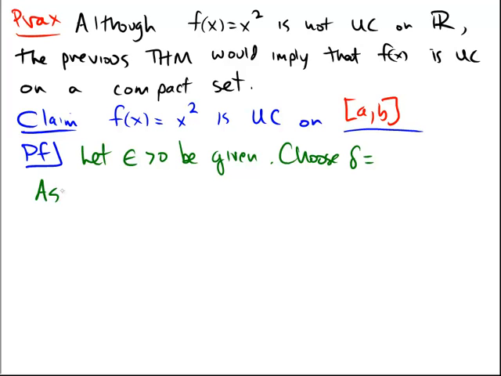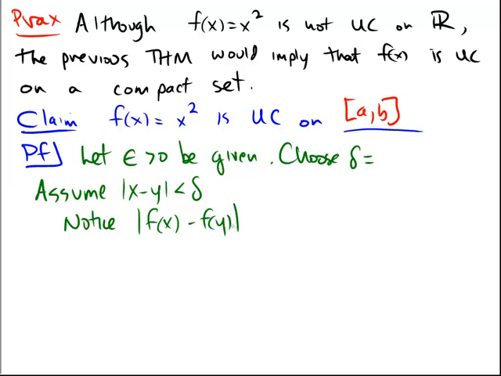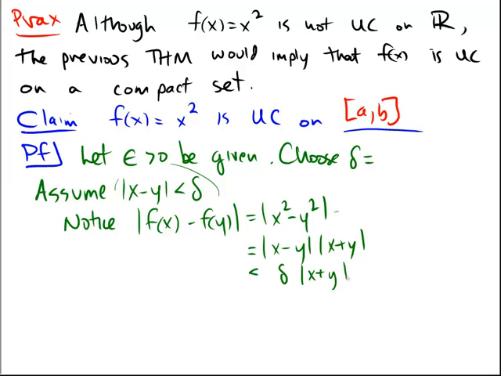If we assume that |x minus y| is less than delta, then notice |f of x minus f of y| is equal to the absolute value of x squared minus y squared, and that's equal to |x minus y| times |x plus y|, and that's less than, because |x minus y| is less than delta, delta times |x plus y|.